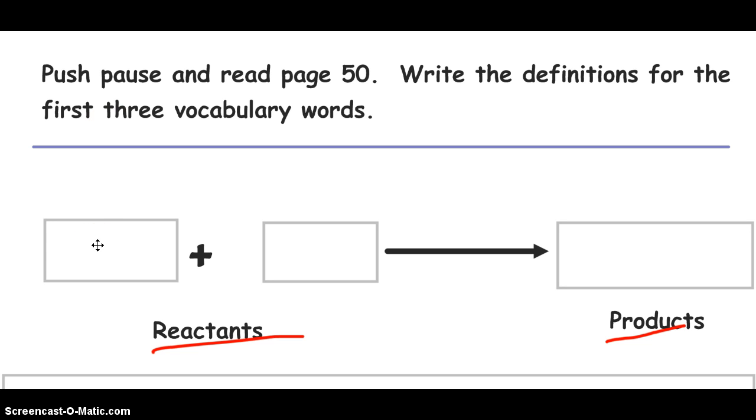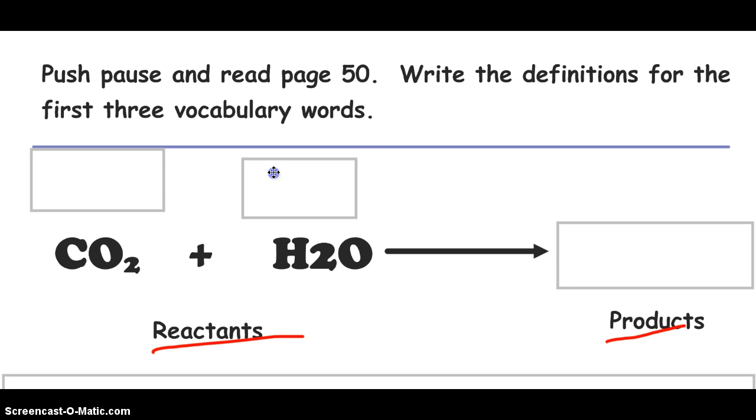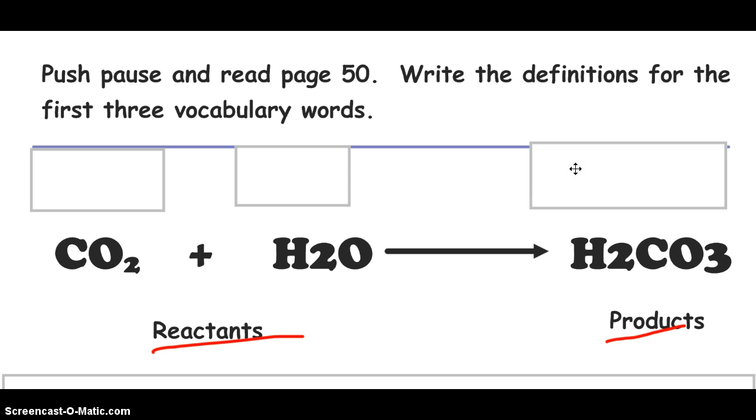So in this particular reaction that you were reading about, carbon dioxide was our reactant, plus water was also a reactant, and this gave us carbonic acid.